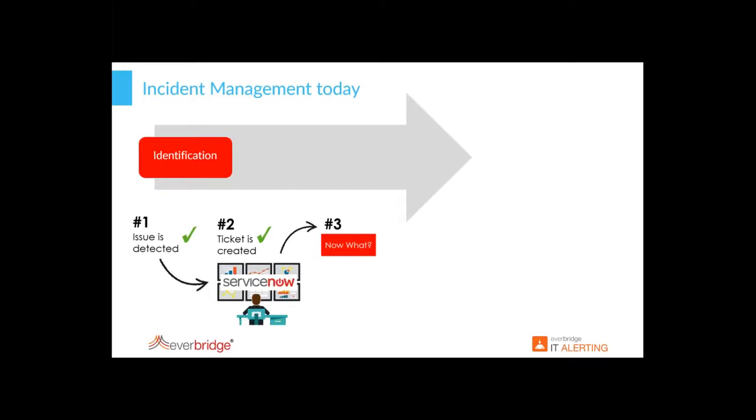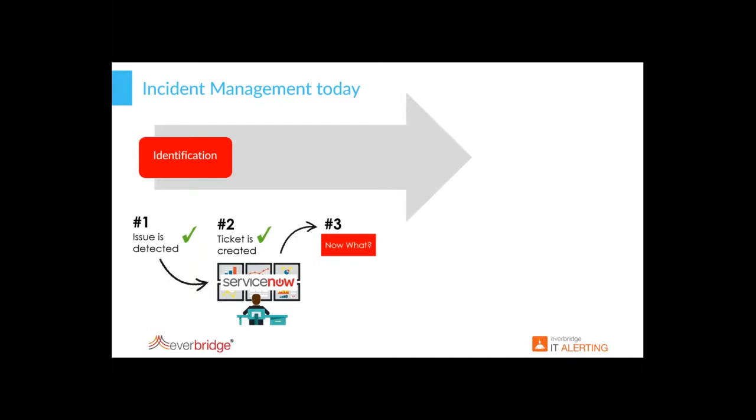What you do today, if you're using ServiceNow, is what you see on the screen here. Basically, at some point, IT is going to be made aware of an issue, right? Should that be because of an end user calling into your service desk reporting an issue?